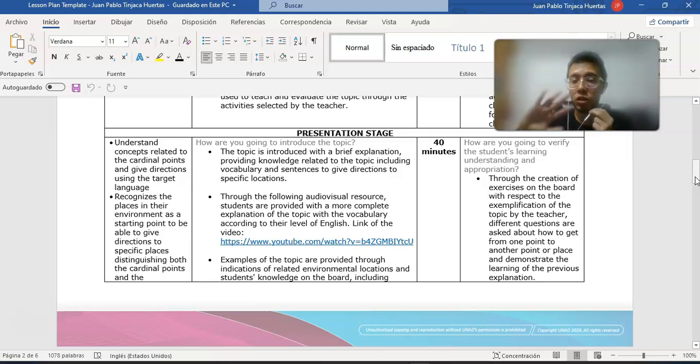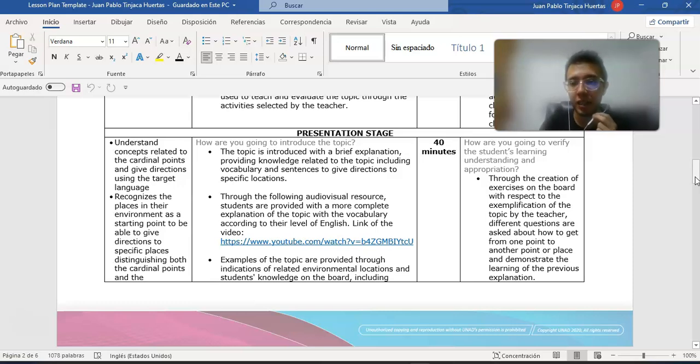So I'm going to teach them what the different vocabulary means, what the meaning of this sentence is, how to structure an affirmative sentence to provide information about a specific location, and how to make a question about where a place is.